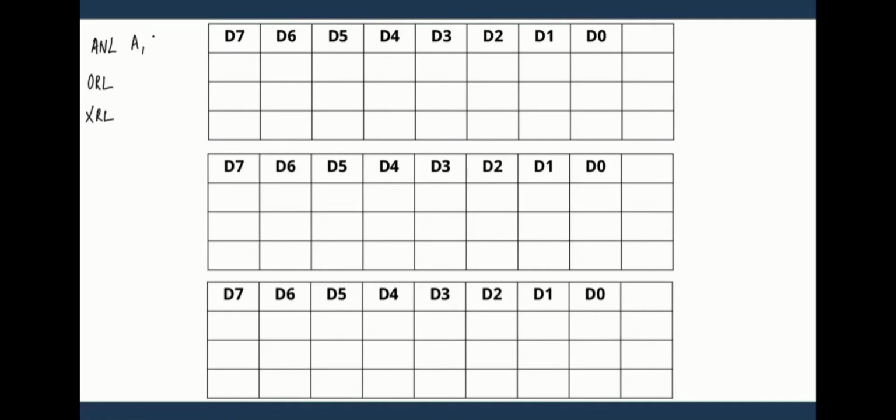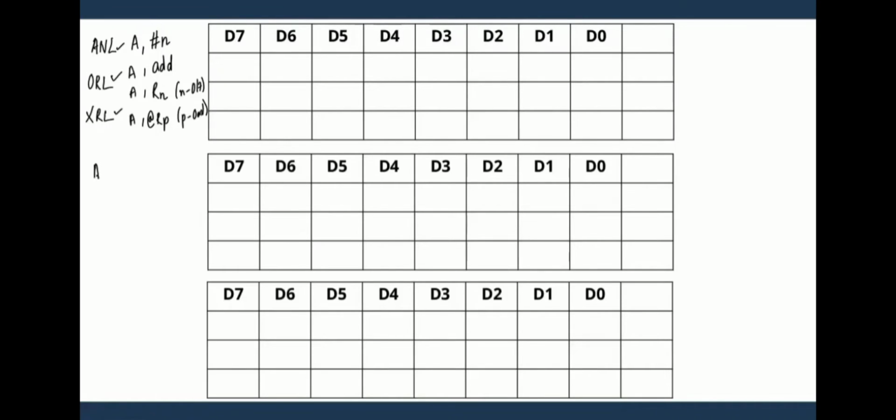It can be a number, hash number, or direct addressing, or a register Rn where n is 0 to 7, or immediate indirect addressing, where it can be at the rate R0 or R1. The first operand is always the accumulator register, and this is applicable with ORL and XRL also.